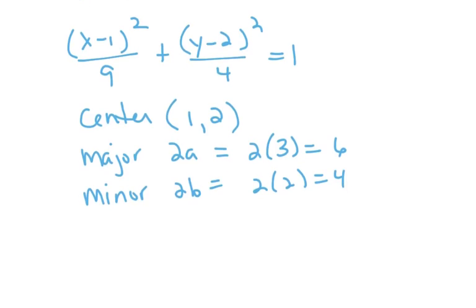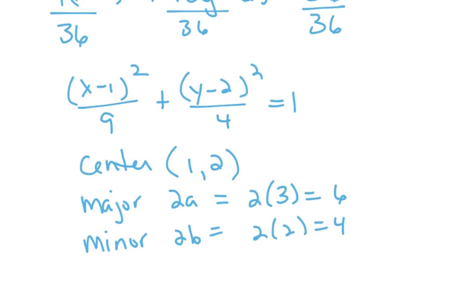The vertices, you can either use the definition or you can draw yourself a picture. I think drawing a picture helps me out quite a bit. Since I know that the center is at 1, 2, I can find the vertices. The vertices are 3 units to the right and 3 units to the left.